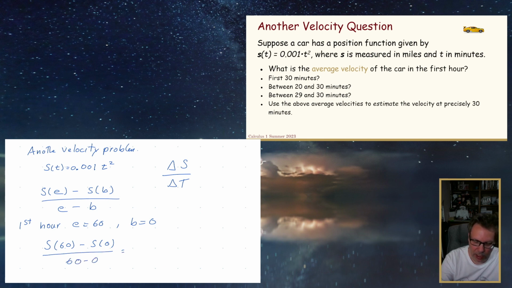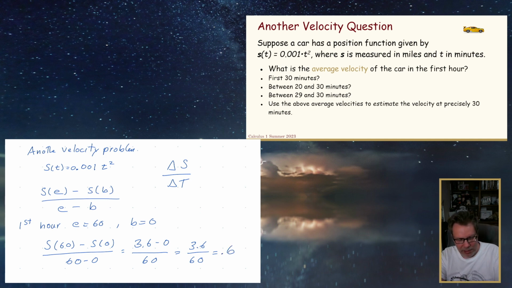Well, let's see. I'm going to look at 60 squared, which is 3,600, times 0.001, which I believe is 3.6. We're going to subtract 0, and we're going to divide this by 60. So what do we wind up getting? We get 3.6 over 60, or when we're done, I believe 0.6.